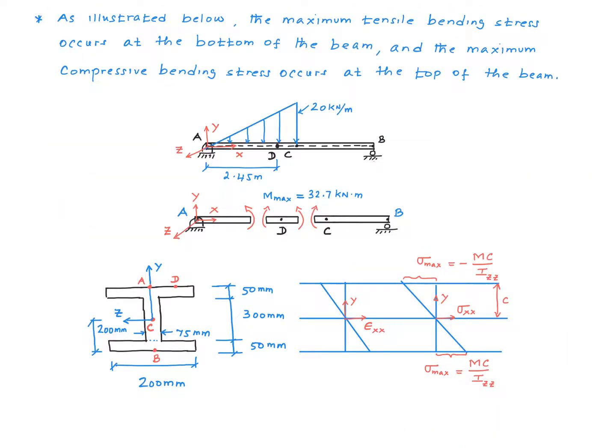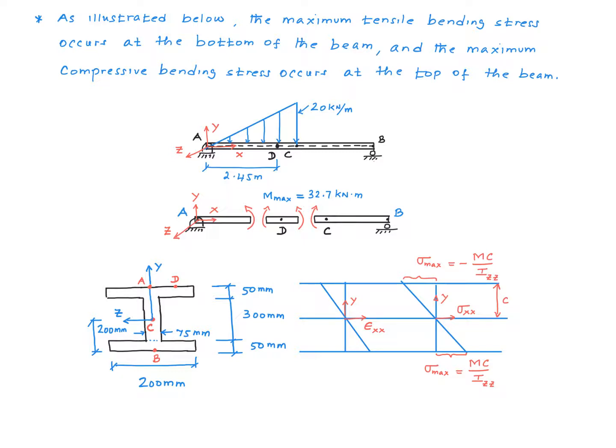Let's try to understand this problem a little bit within the framework of the theory of bending stresses. We noted in the earlier slide that the maximum bending moment is a positive quantity. If you recall the sign convention, this is the positive direction for the bending moment. A positive bending moment acts counterclockwise on the free body diagram on the left side, like shown here.